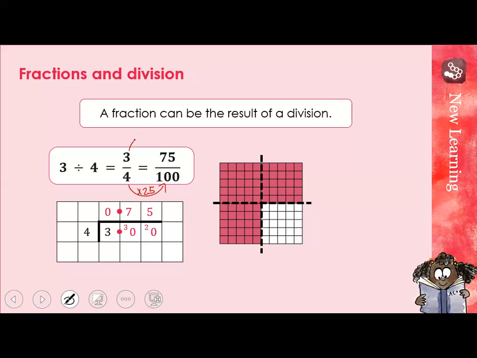And remembering, whatever I do to one side, I must do to the other. So this is an equivalent fraction to 3/4, and here is that represented as a hundred square, and we can really clearly see that of the 3/4, 75 is shaded in red and 25 are left white, and we can really clearly see the relationship.